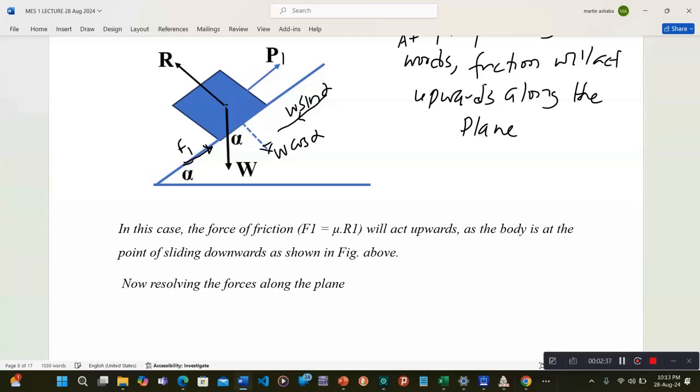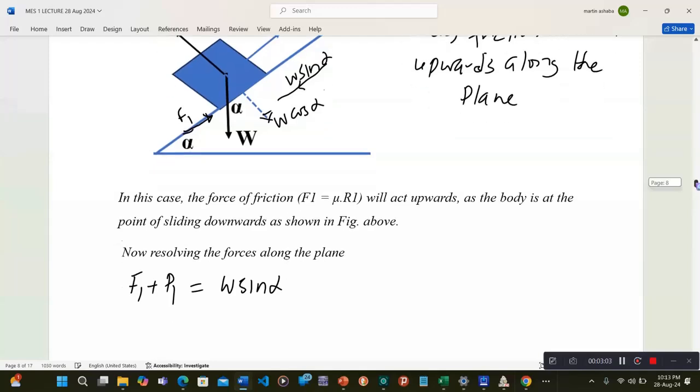When we resolve along the plane, the component of W is W sine alpha. So resolving forces along the plane, F1 plus P1 is obviously going to equal W sine alpha.